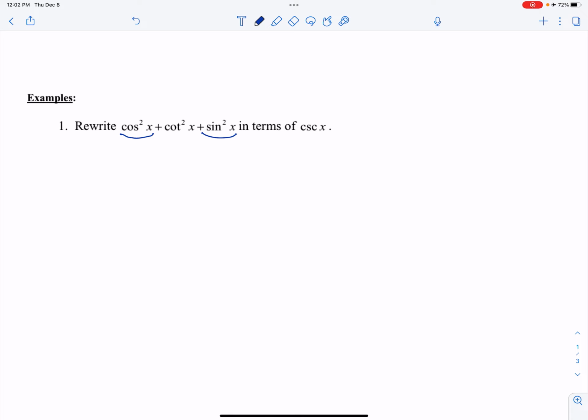Since I can add things in any order, I'm going to write it as cotangent squared x plus sine squared x plus cosine squared x, because I know that sine squared plus cosine squared is 1.